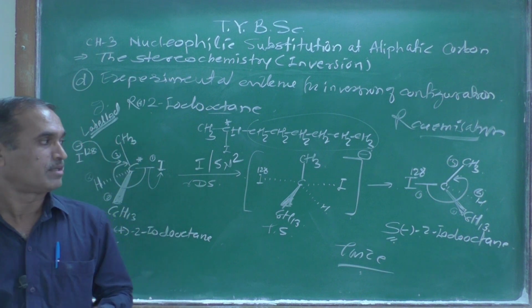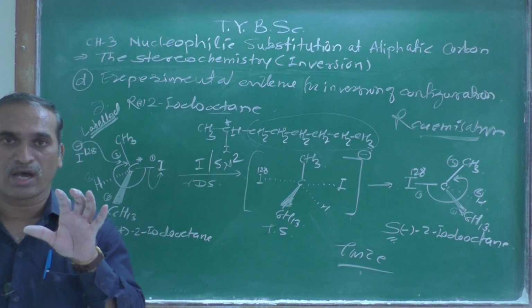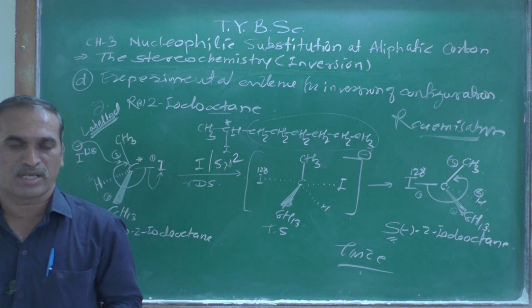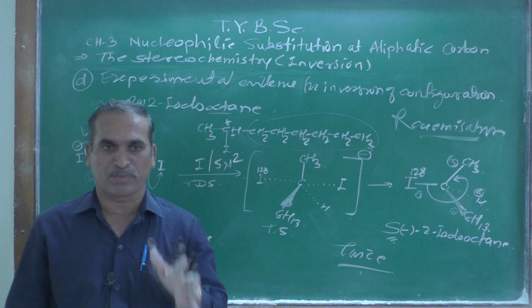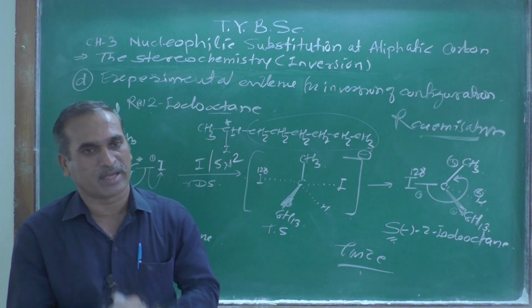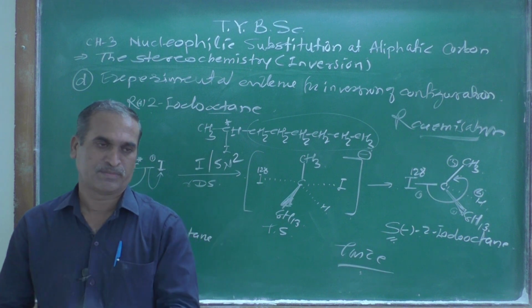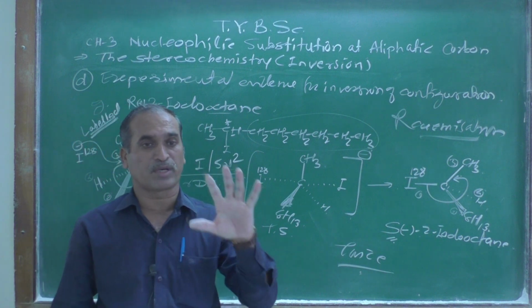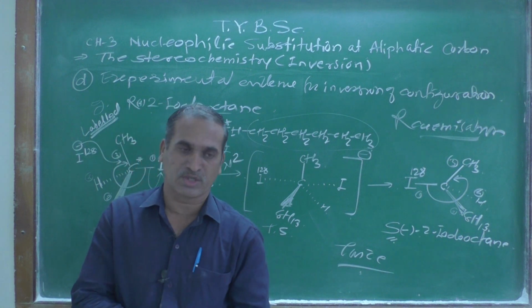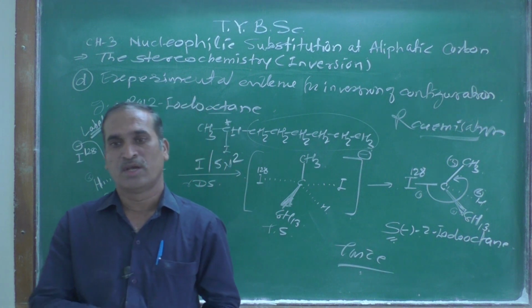So I think with this we have completed all the evidences for the inversion of configuration, and in this way we have completed the first part of this chapter. We started with the SN2 reaction. What is an SN2 reaction?